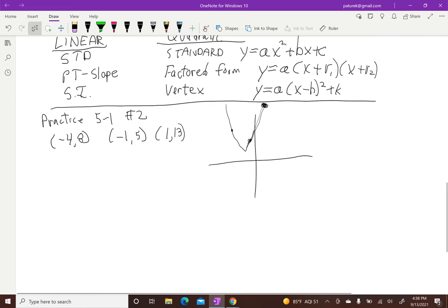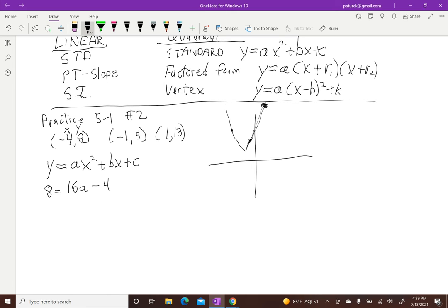To solve this, we write the equation of a quadratic in standard form. y equals a times x squared plus b times x plus c. And now we plug in the values of x and y 3 times. First time, I have 8 is equal to, now -4 squared is 16, so 16 times a minus 4 times b plus c.